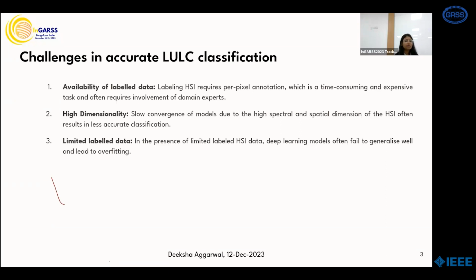Thirdly, there is the limitation of limited label data availability. It is a very time-consuming task to label HSI pixels. There are often cases where limited label data is present, which tends to lead the deep learning models to often fail to generalize well and overfit.